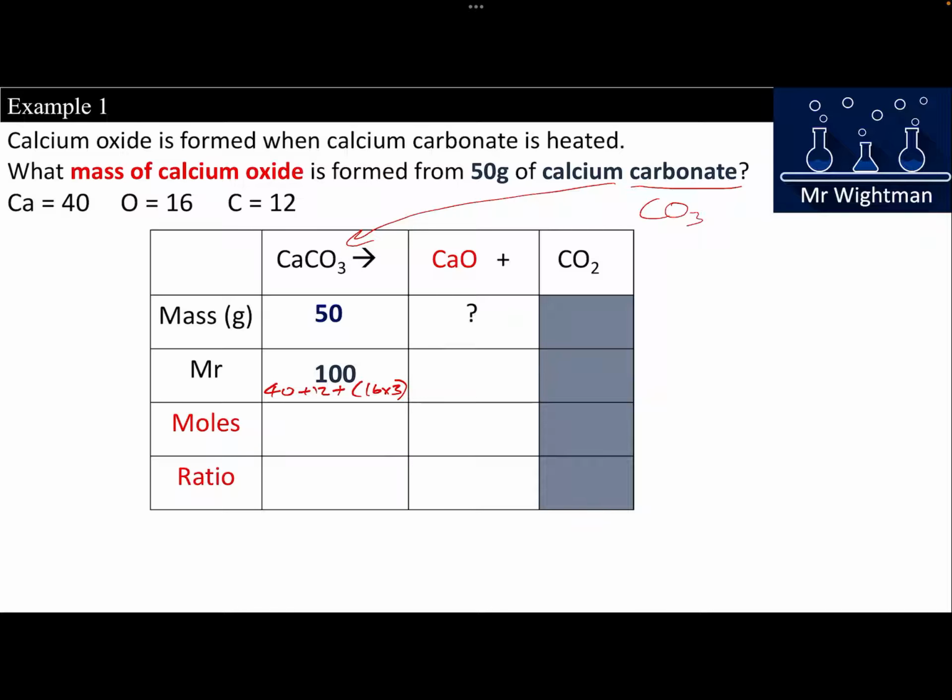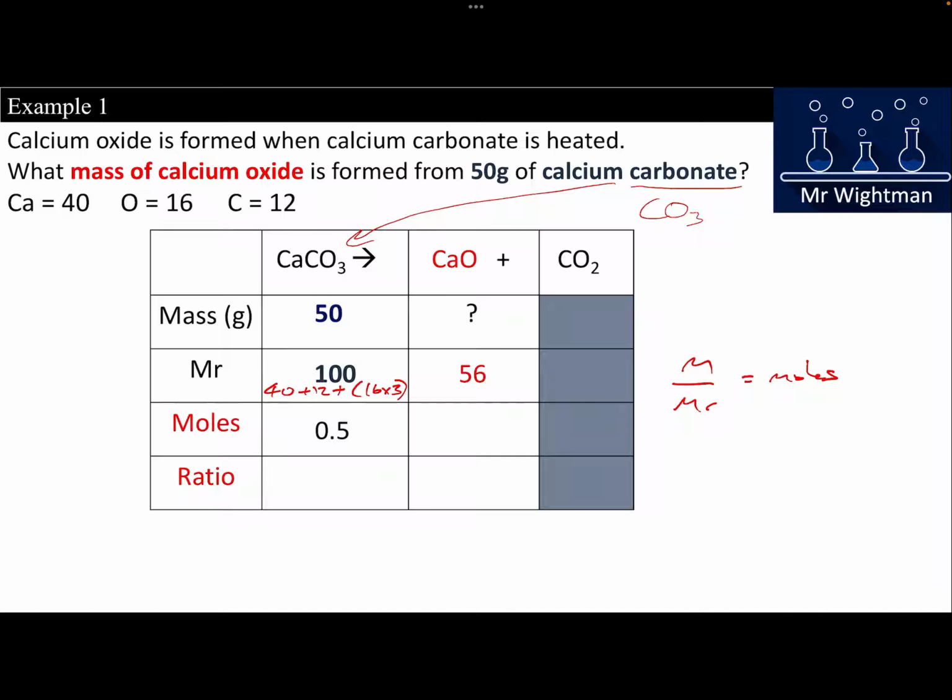To work out moles, 50 divided by 100, because mass over MR equals moles, mass being 50 and the MR being 100, will give me 0.5 moles of calcium carbonate. The ratio of the equation is the whole number ratio as presented.